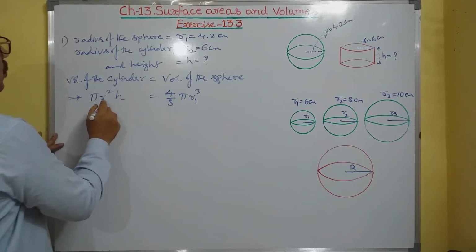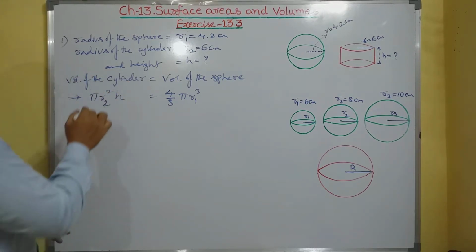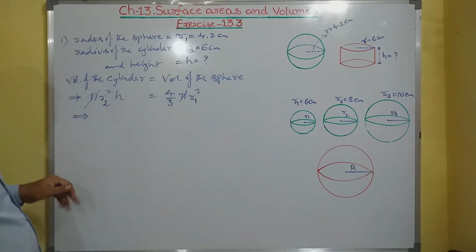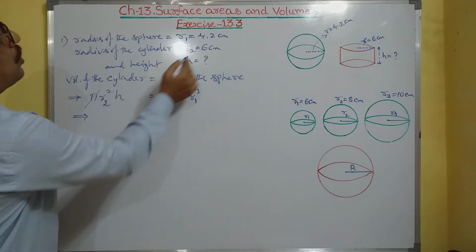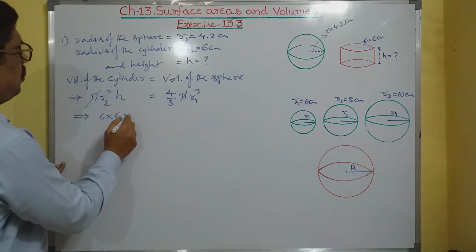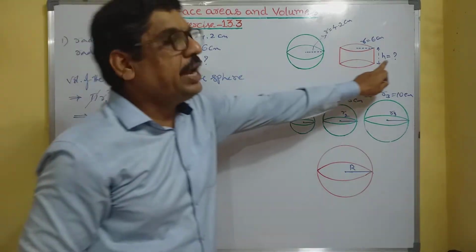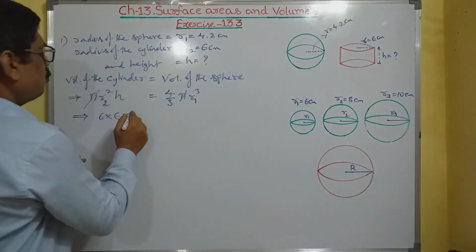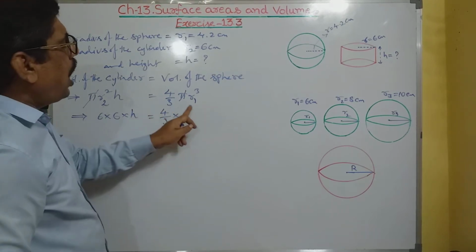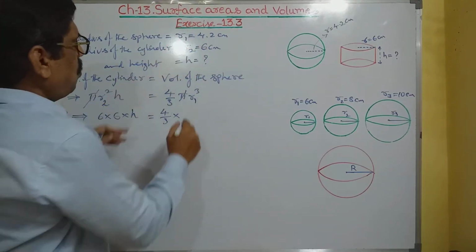Now see, on both sides we can cancel pi. Now let us substitute the given dimensions. R2 is 6, so 6 into 6 into h. What is the height? We don't know, that we need to find. So h is equal to 4 by 3 into r1 cube. What is r1? 4.2.